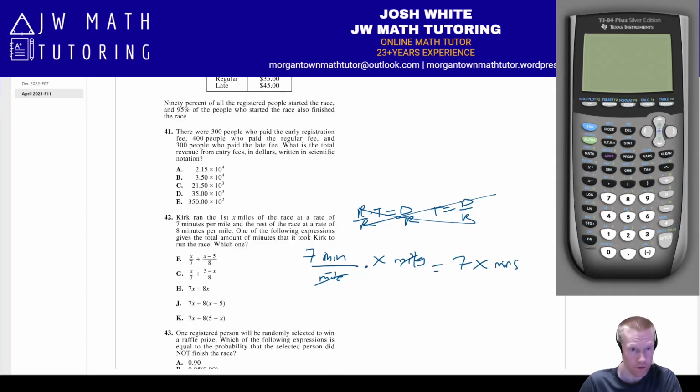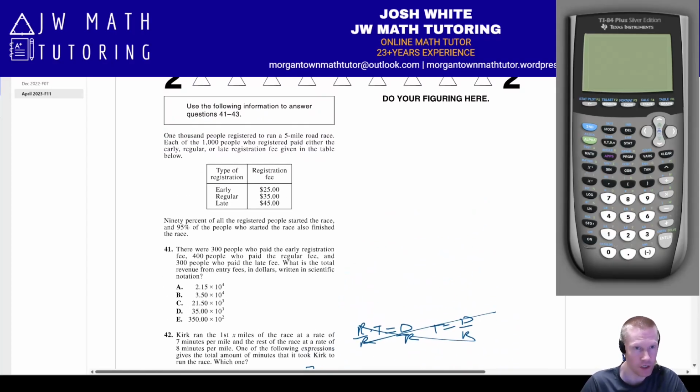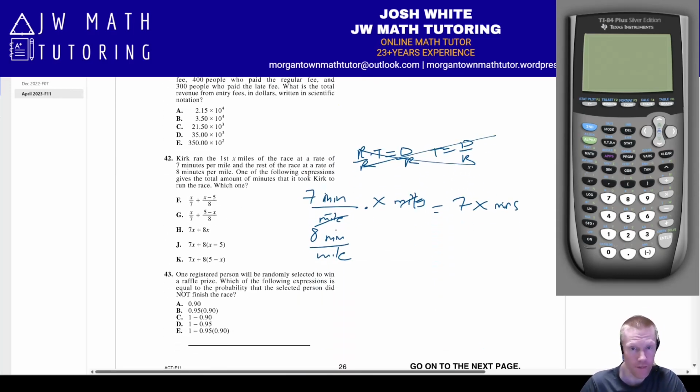And then for the rest of the race, it's now 8 minutes per mile. But how many miles is it? Well, they tell us up here in the given information that it's a 5-mile race. So if you ran for X miles, then the remaining distance is going to be 5 minus X. And you could think about this in terms of numbers, as I'll get to when you do the picking numbers, right?